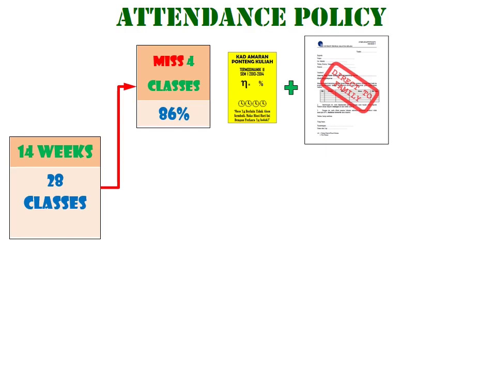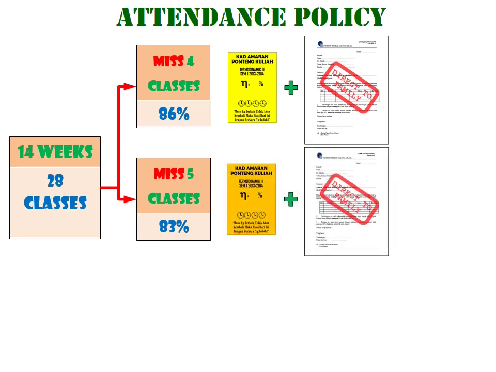If this percentage is reached, I'll give you a digital yellow card plus what I call the official letter directed to your family. And if you miss 5 classes, your attendance percentage will be 83%. So I will give you a digital orange card plus the official letter to your family.